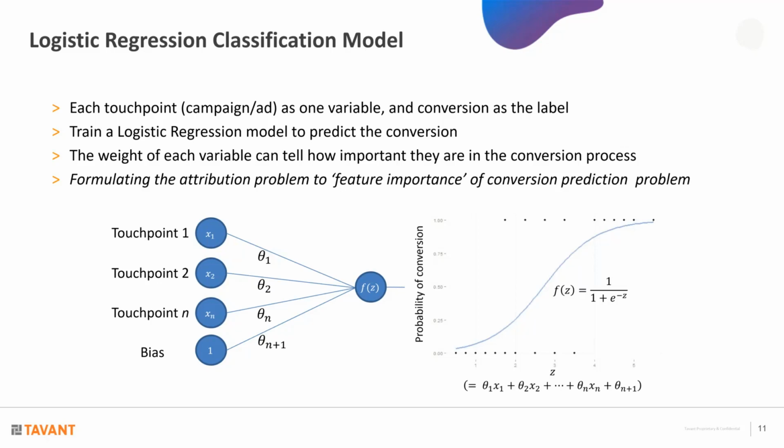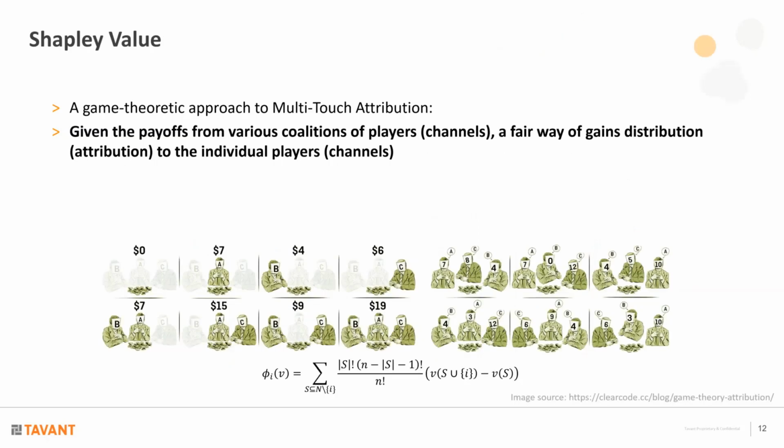But the other model that I want to talk about is Shapley Value. Now this model is based on the game theoretic approach. Here the core idea is that you think of a team of players, like a basketball team or something. And the idea is to see that when you add a player to the team or you take that player out of the team, how much are you impacting the capability of that team to win, or the performance?